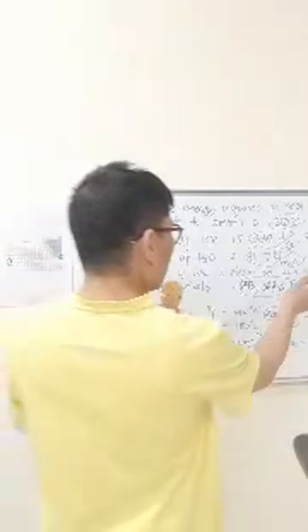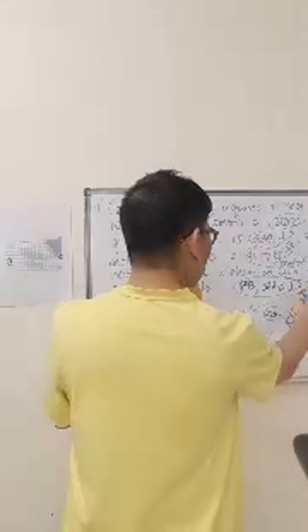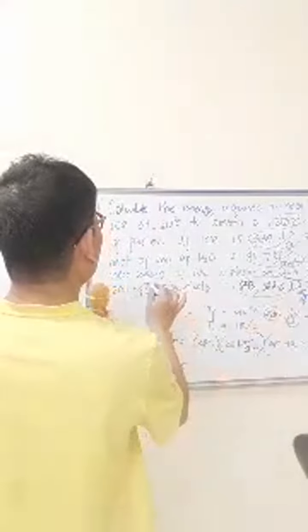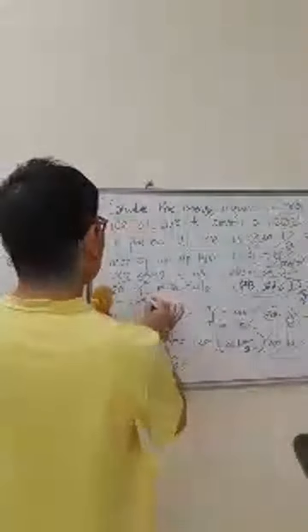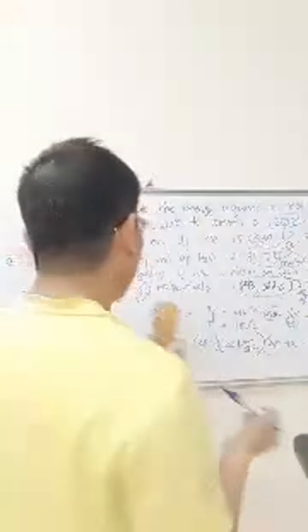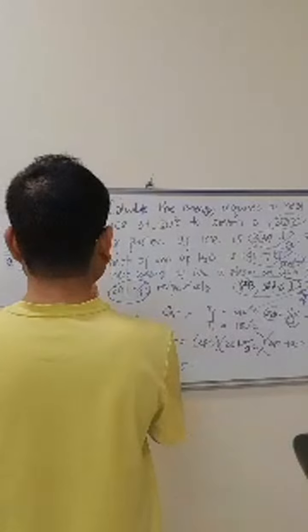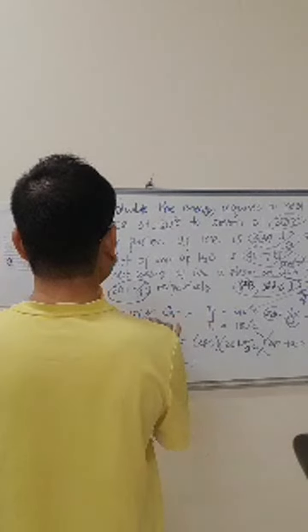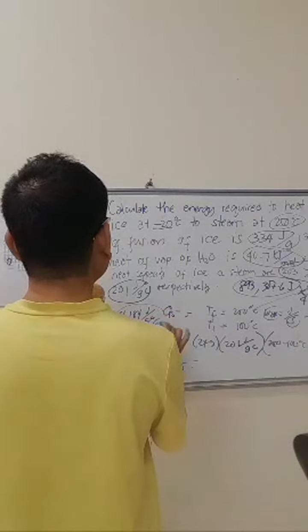So, see? 200 joules per gram per degree Celsius for the ice, and 201 joules per gram per degree Celsius for the steam. And for water, we have a specific heat capacity of 4.184 joules per gram per degree. And this 4.184 is very far from 200 and 201.